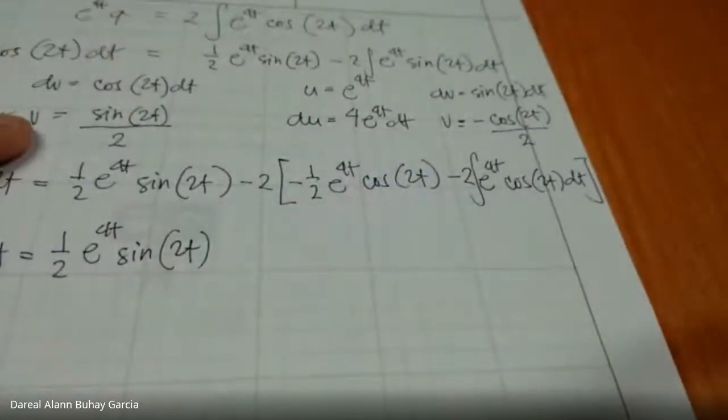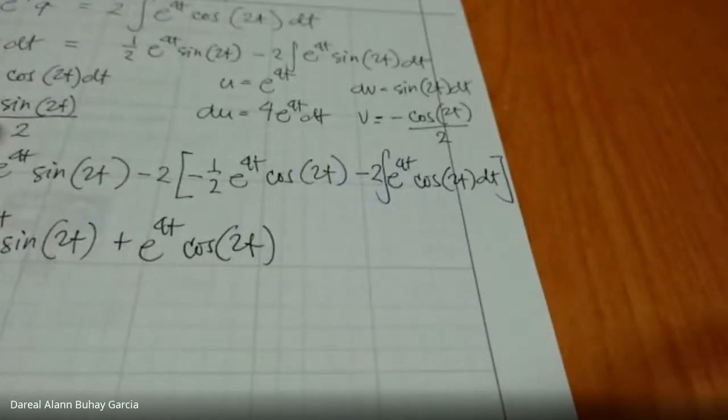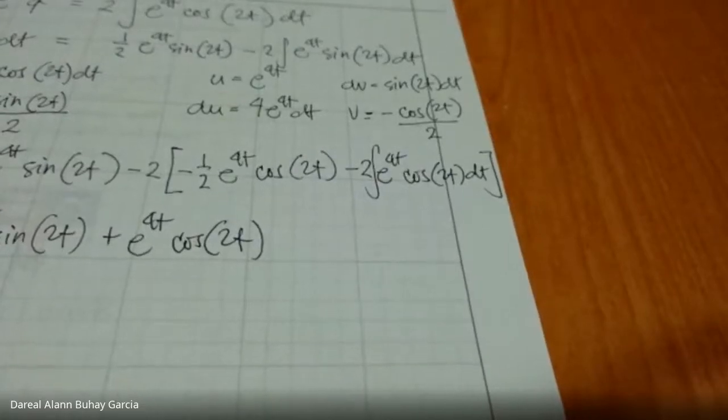Positive na siya. Plus e^40 cosine 2t plus 4 integral of e^40 cosine 2t dt.